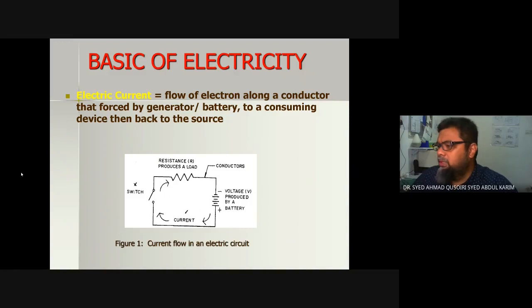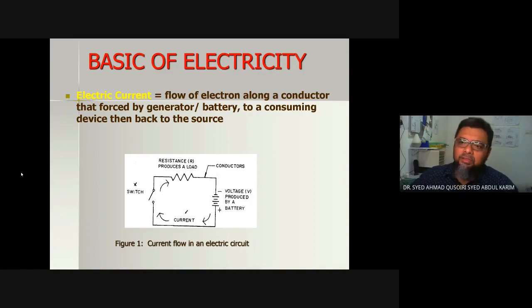First of all, we must have electrons, positively or negatively charged, moving along a conductor. A conductor is a medium that allows the electrons to flow without much resistance, because the electrons would find the path with the least resistance for it to flow.